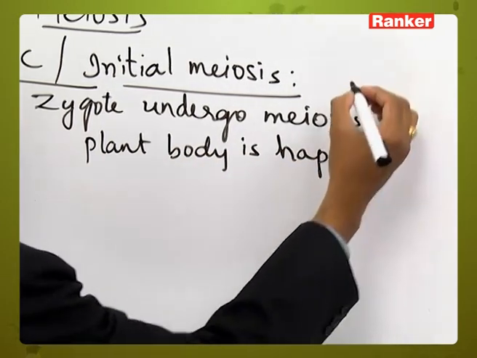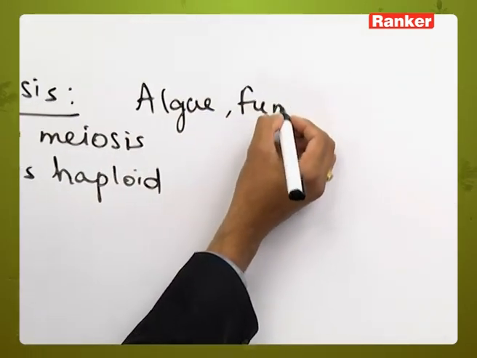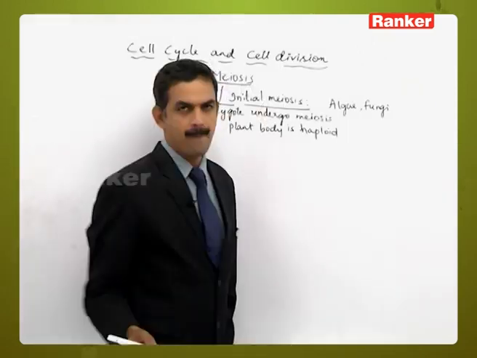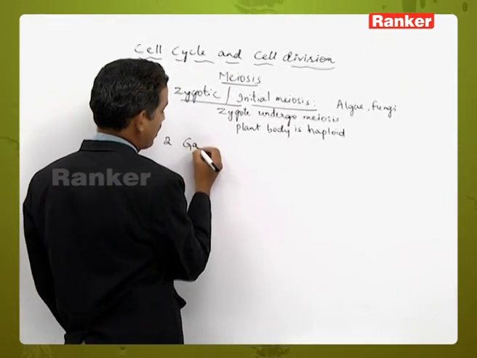This type of character can be observed in algae. The second one is gametic meiosis.